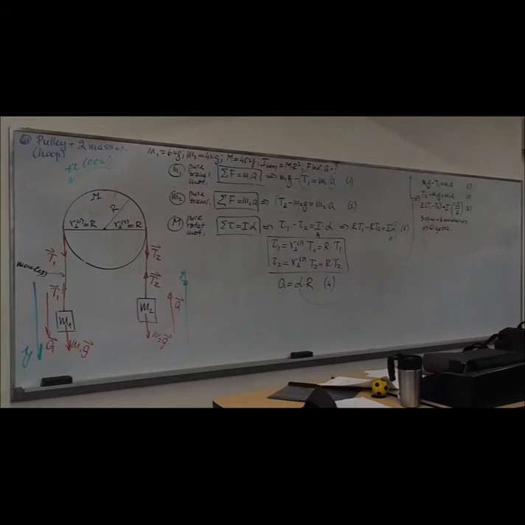We applied all physical concepts. All the physics is here now. So now it's just solving a system of 3 equations with 3 unknowns. You can use any method you want. I will just get T1 from here, as I said.